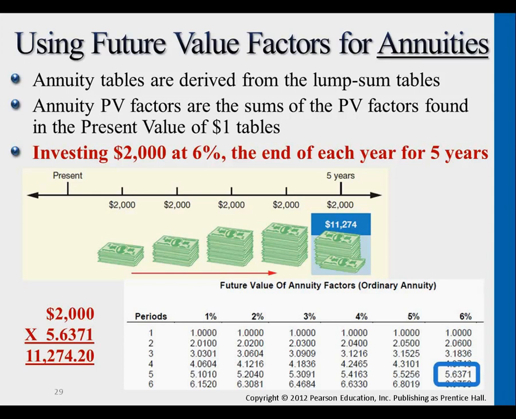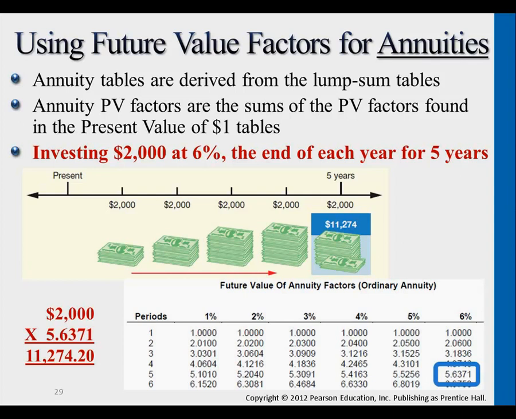Now pay attention, this is not 10,000. Although during the whole period we do invest $10,000, that's not what we're going to use with the table. We'll take the initial investment of $2,000 and multiply it by the future value of annuity factor, which in this case is 5.6371.